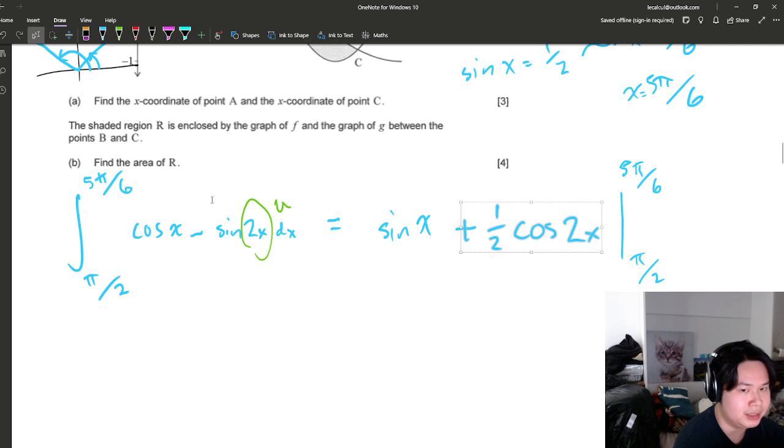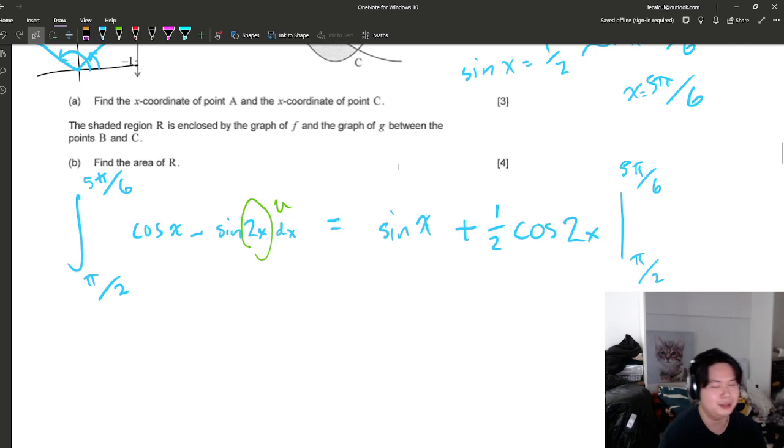I know that if I take the derivative of cosine, I'll get the negative sine. If I do the 2x, it'll be sine 2x. And then from the chain rule, I'll need to multiply this by a 2 when I take the derivative. I don't have a 2, which means that there was a coefficient of 1/2 here. I don't really want to spend the time going over u substitution, so yeah.